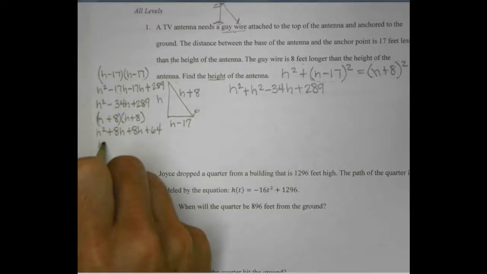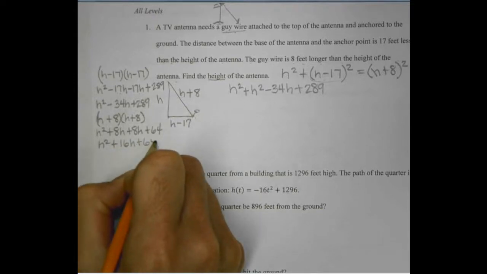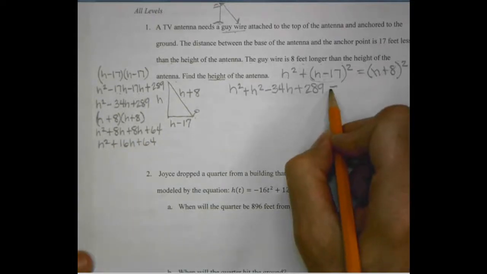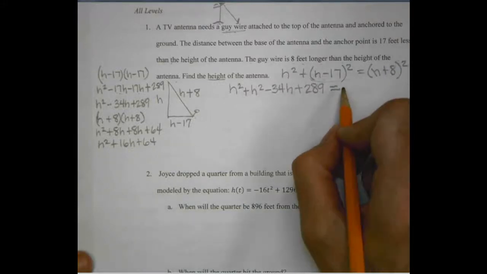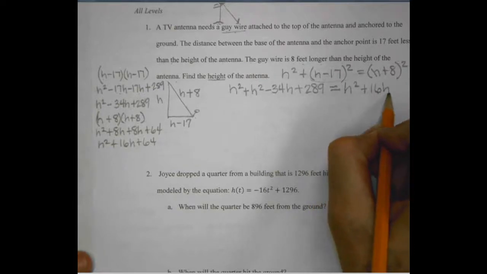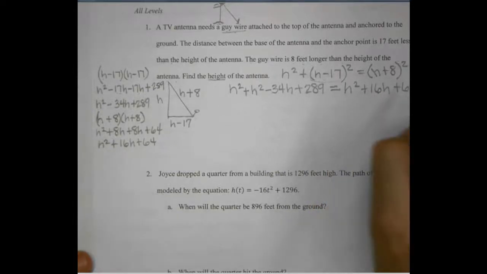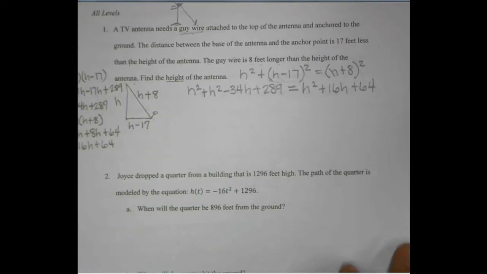Combine my like terms, h squared plus 16h plus 64, and put that back into my equation instead of the h plus 8 quantity squared. I'm going to slide this back over, make sure we can see every bit of it.